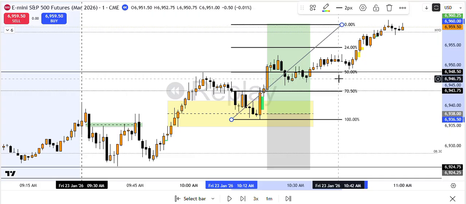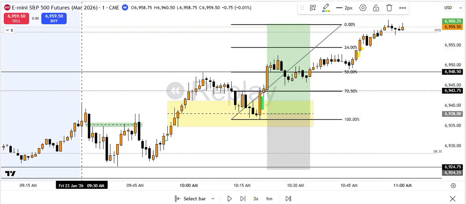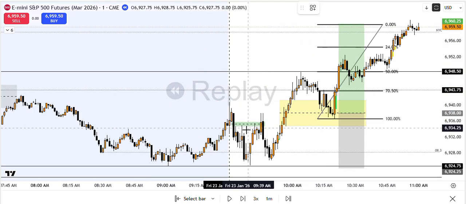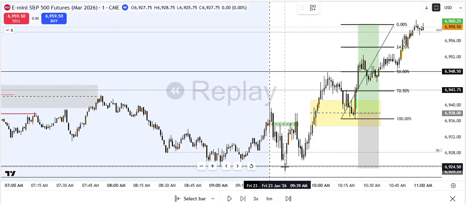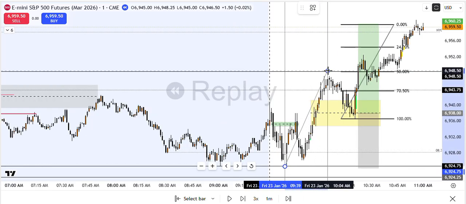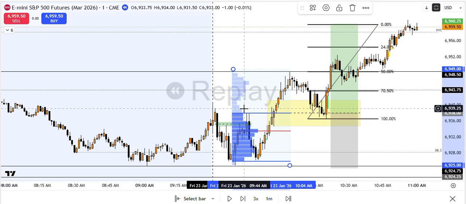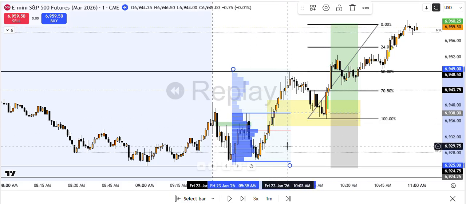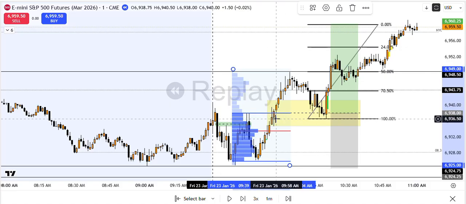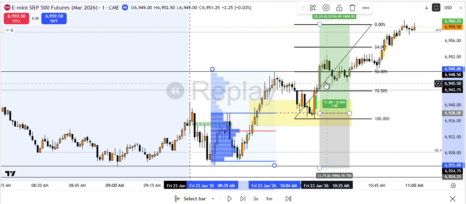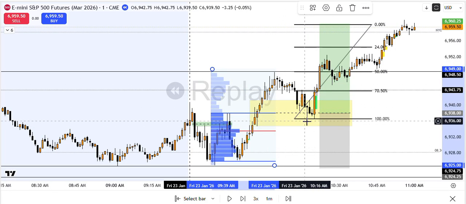Does this have to be a fair value gap? Not necessarily. You can use whatever method you want. I'll actually tell you, I used to use volume profile, and I would run this low to this high, for example, and use the point of control or the fair value area as my levels for a retracement.